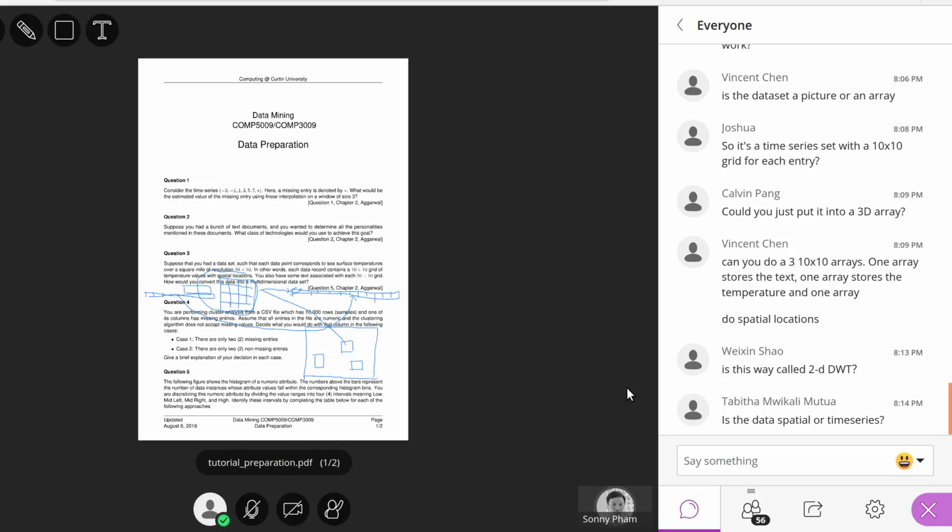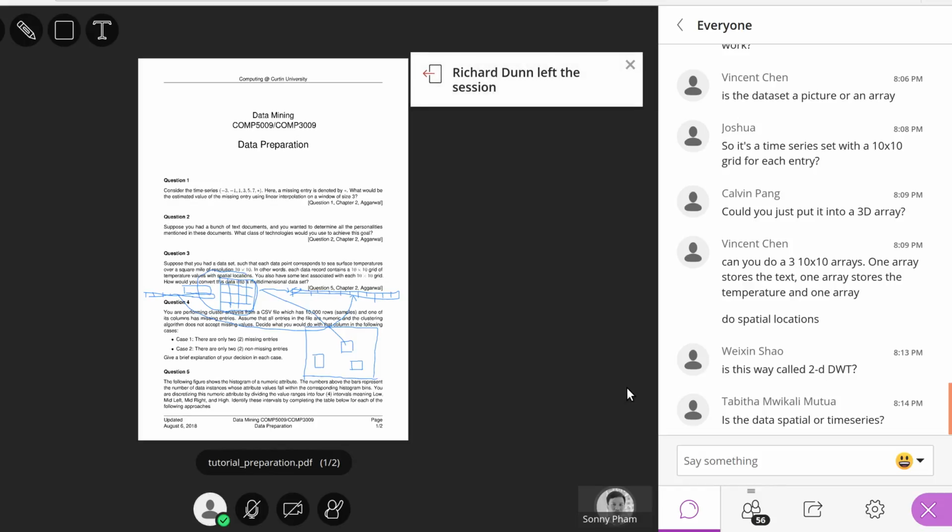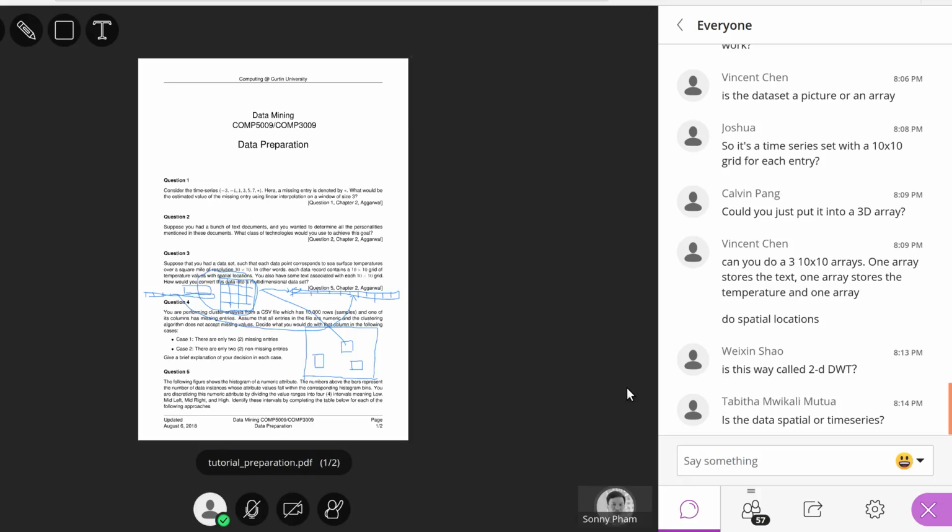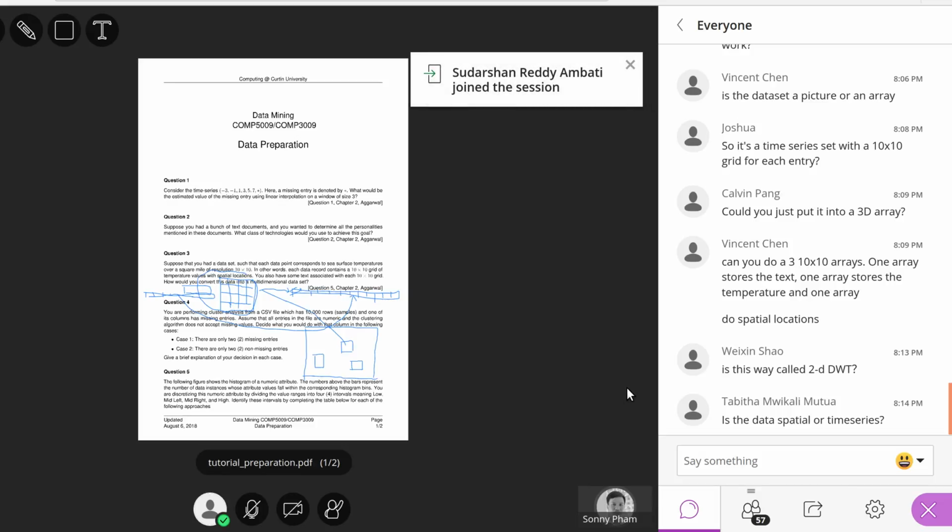I have a question here: is the data spatial or time series? The answer is that it's both. Spatial data, Tabitha, because here we're talking about temperature values distributed in the ocean, right?